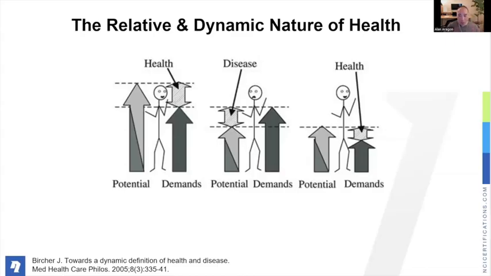So it's under control. In spite of having that chronic disease, let's say he has type 2 diabetes, but he's managing it properly. And let's imagine the stressors in his life are well managed, well mitigated.